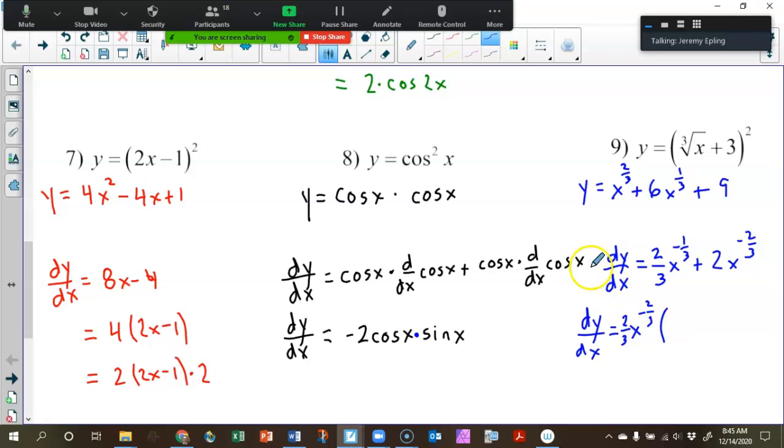That is the best way to factor it, but I think it'll be more helpful if we pull out a 2/3 x to the negative 1/3. I think that will be more helpful for you. Then it looks like we've got, okay, plus 1, or times 1, plus 3 x to the negative 1/3.